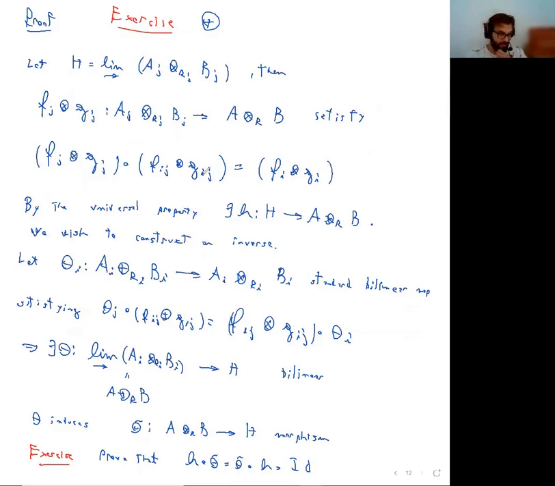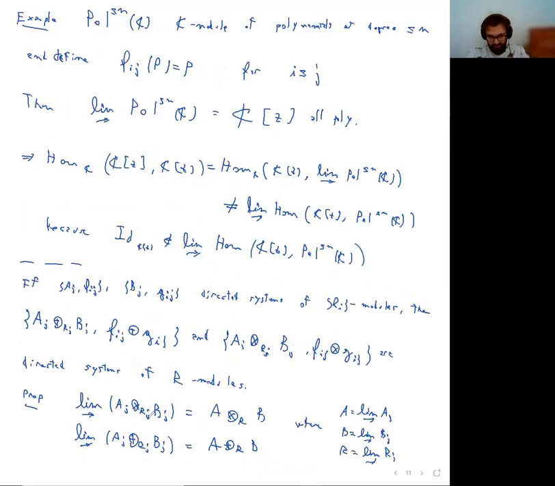Yeah, so maybe the thing you want to convince yourself of is that we have these objects here, but what about these maps? You want to convince yourself that this is in fact a directed system of Ri modules.